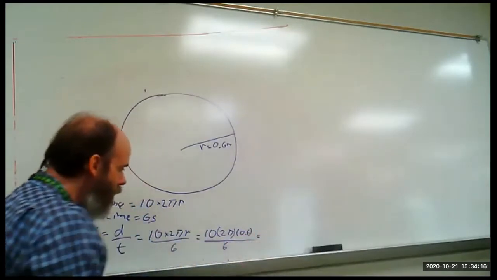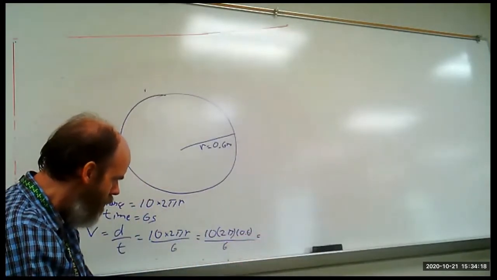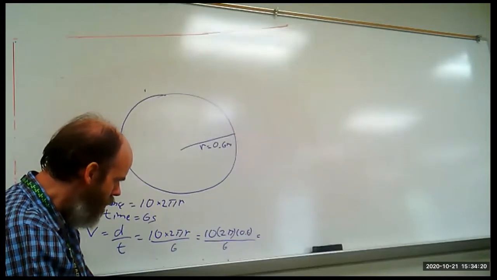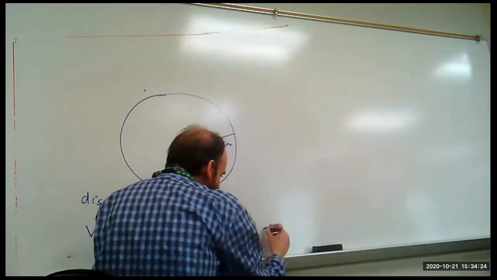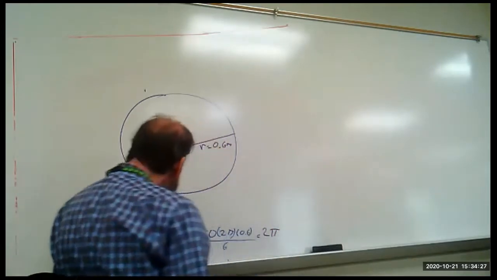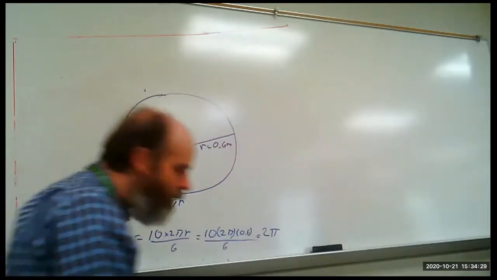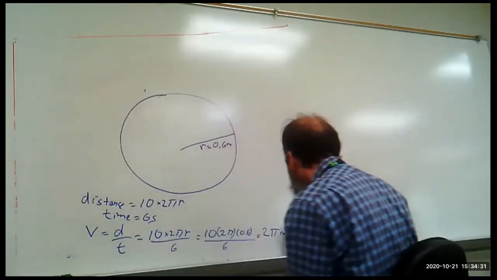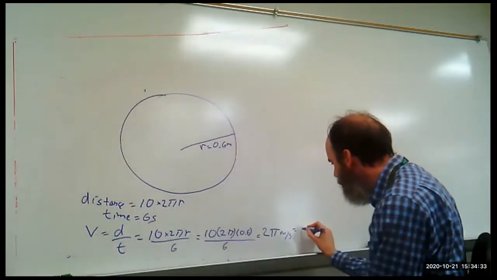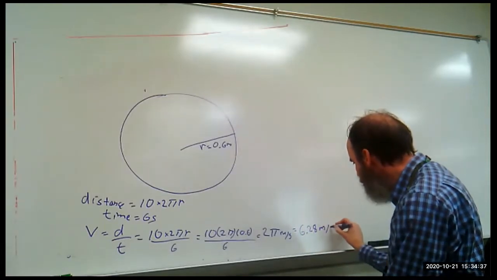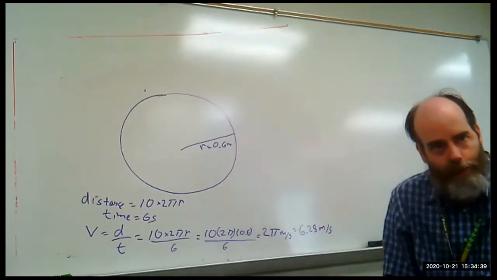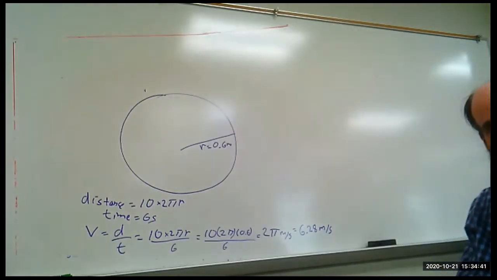And that works out to be 2 pi meters per second, or we could say 6.28 meters per second. That's the first step, is to get the speed as it's going around. And we're going to assume it's constant speed as it goes around.